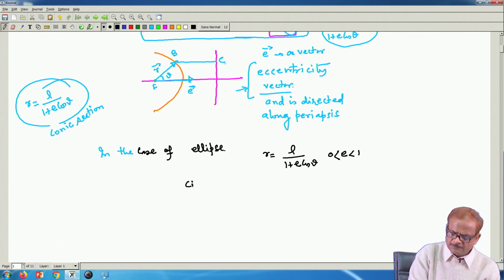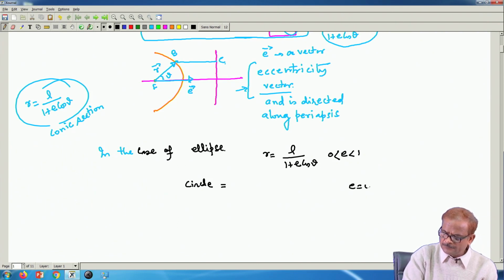If we have the case of the circle, in that case your E will be equal to 0.